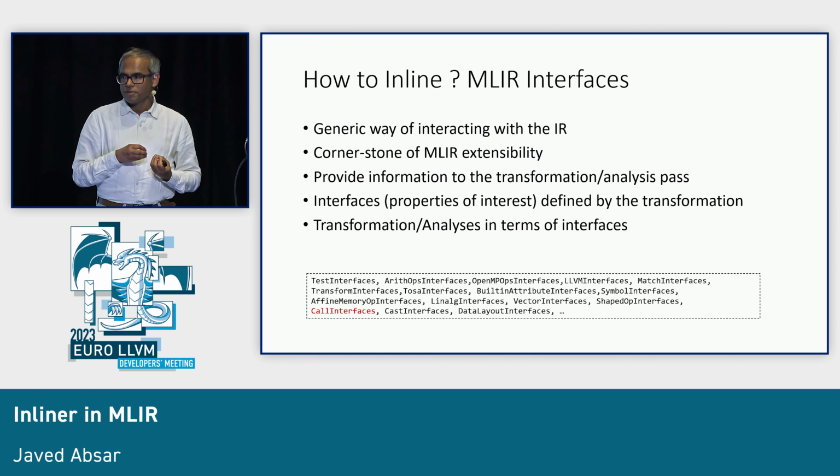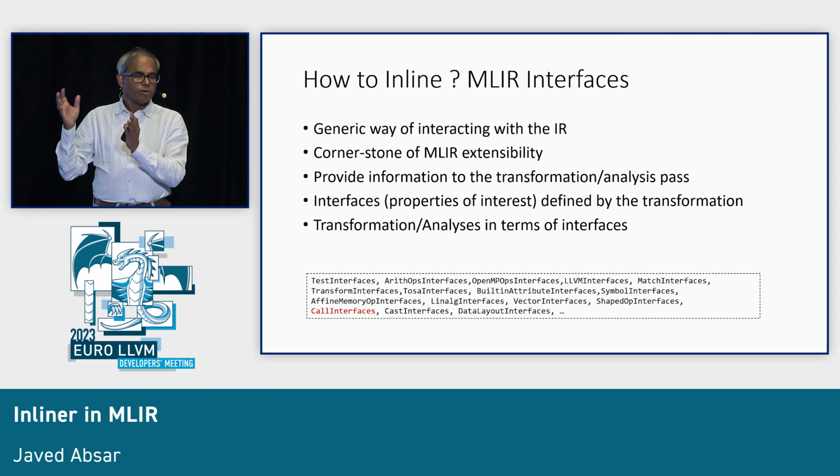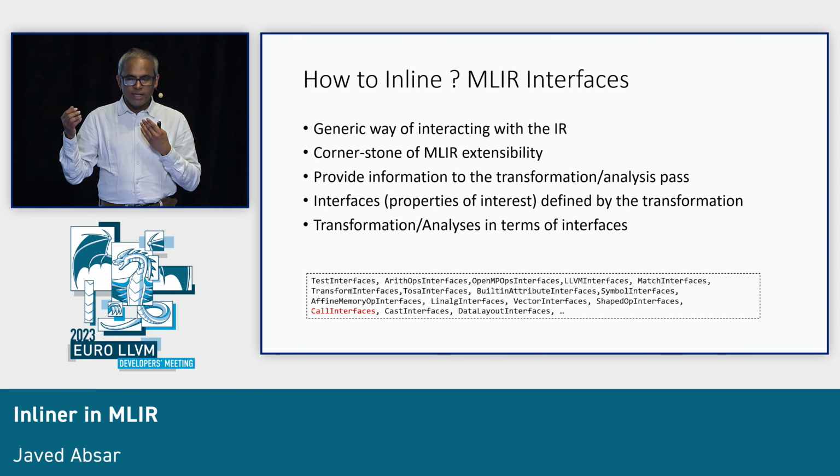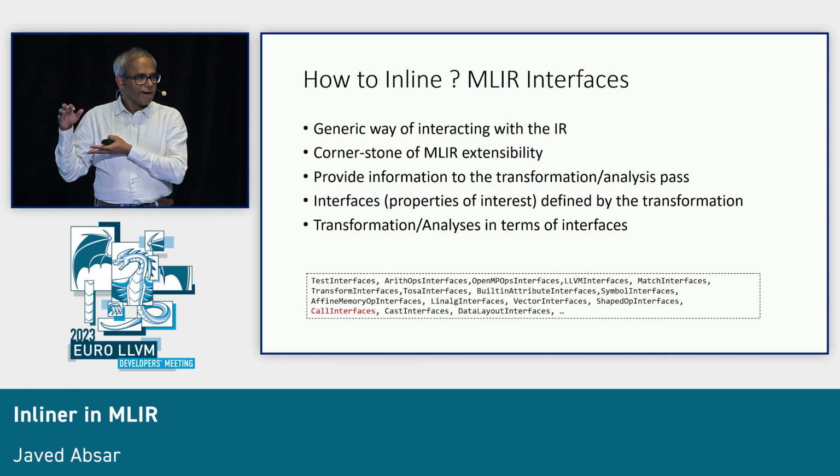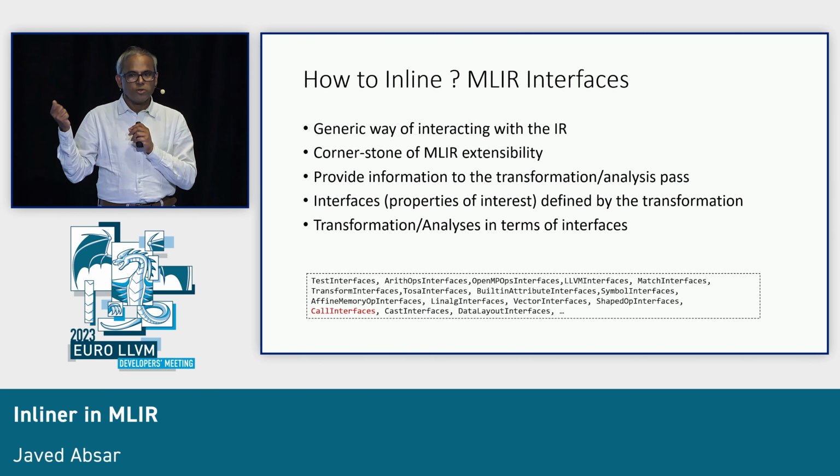Translating it to the inliner, an op would have all the semantics, whatever it is doing. The inliner cares about certain aspects when it's trying to inline. Is it legal to inline this op? How do I inline this aspect? So when you're implementing interfaces, is the op the best, or the dialect the best one to define the interface? Not really, because it doesn't know what question to answer.